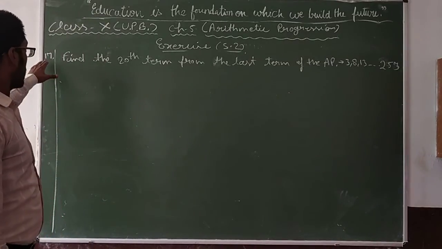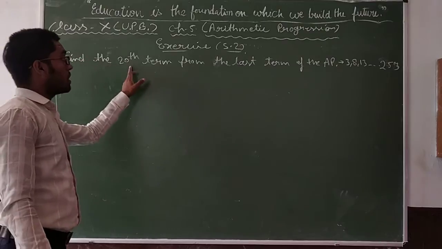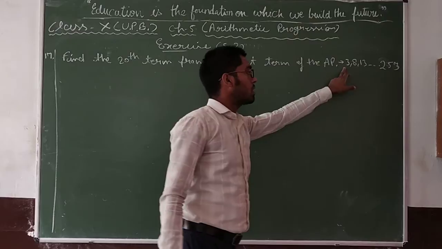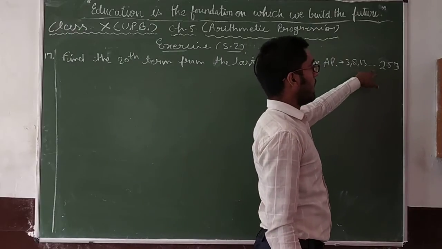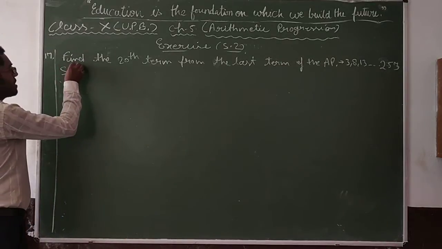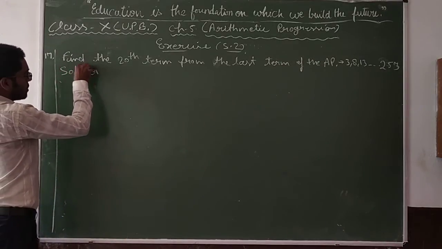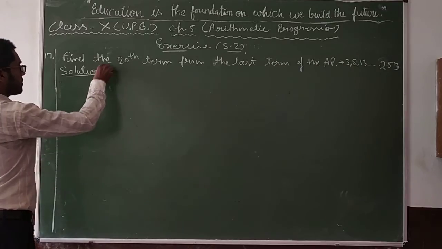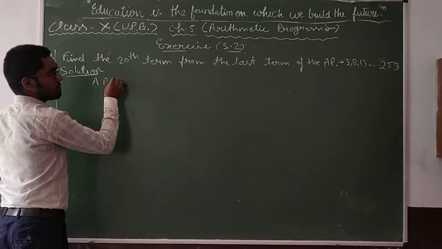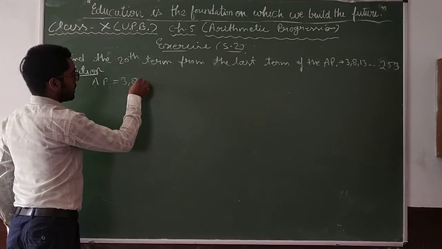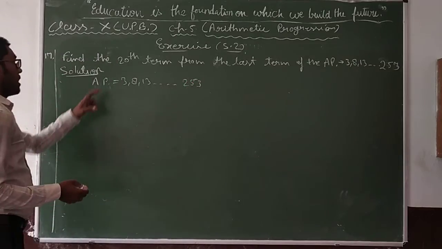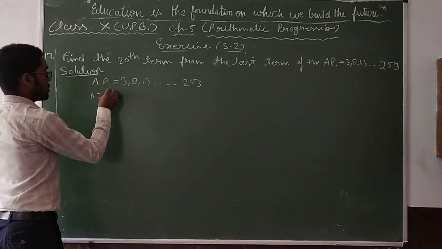Next question number is 17. Find the 20th term from the last term of the AP 3, 8, 13 and so on up to 253. This question is a special kind of question. The series of the AP is given, 3, 8, 13 and so on up to 253. The number of terms is n is equal to 20.